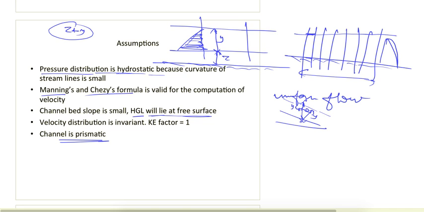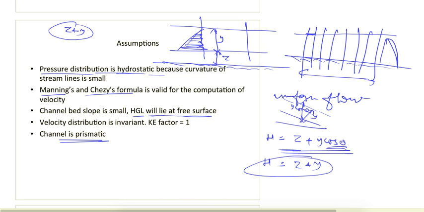So the hydraulic gradient line will not be at the top surface, it will be at y cos theta. But for a very small slope we can take cos theta as 1, so it will again be at z plus y. So this is an assumption.